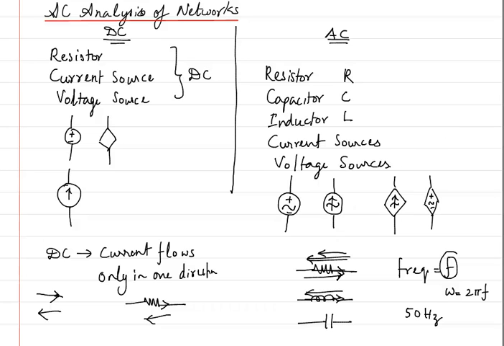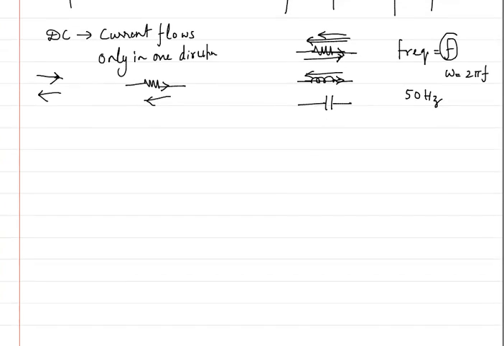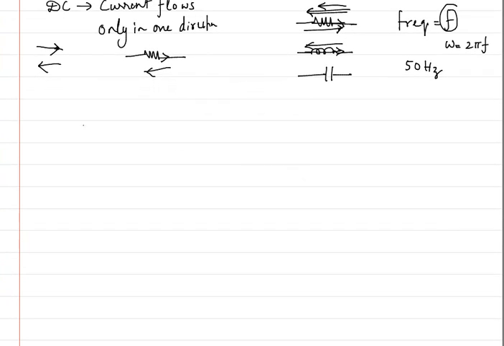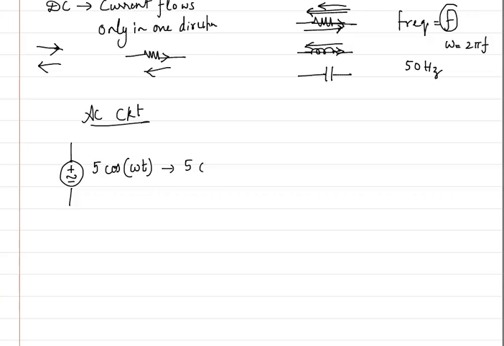Another thing we have to take care of in an AC circuit is this. So now I am going to talk about AC circuits. If there is a voltage source, we will draw it like this, and we will write either 5 cos omega t, or we may give a value to omega and write, let's say omega is equal to 2, so 5 cos 2t.